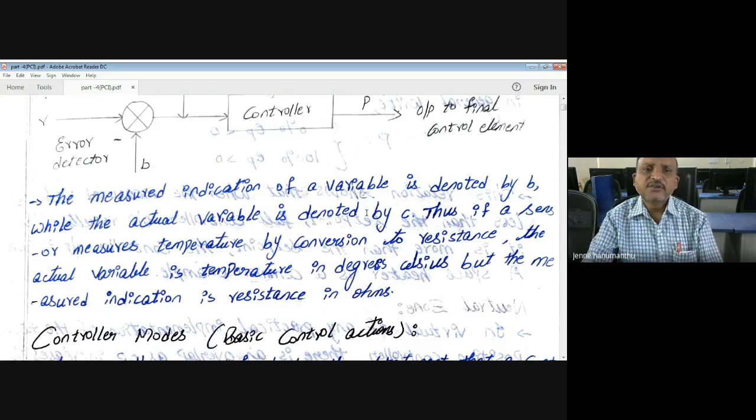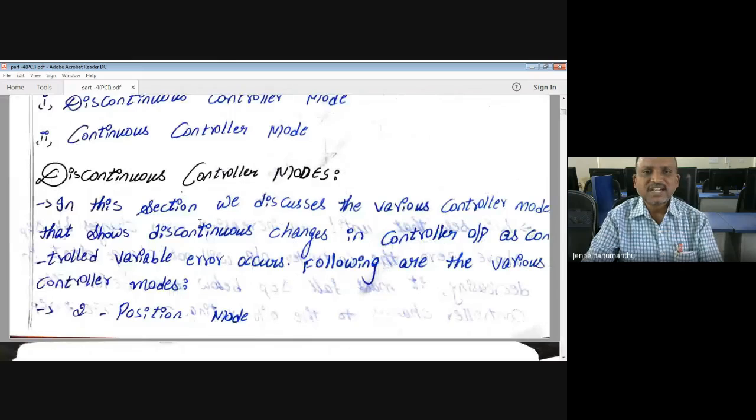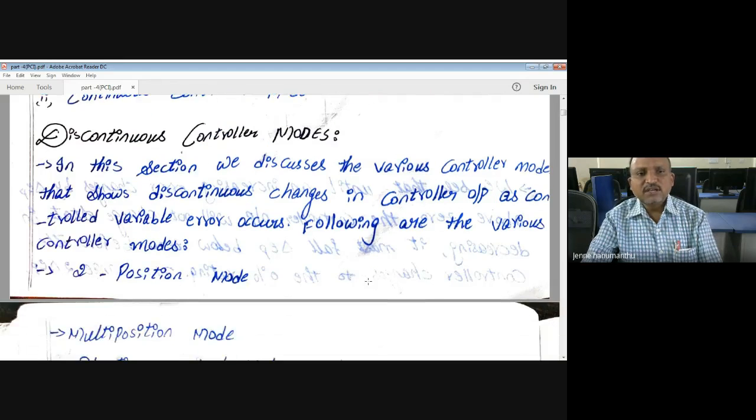Discontinuous means the various controller modes that show discontinuous changes in the control output. So here we have different discontinuous controller modes.